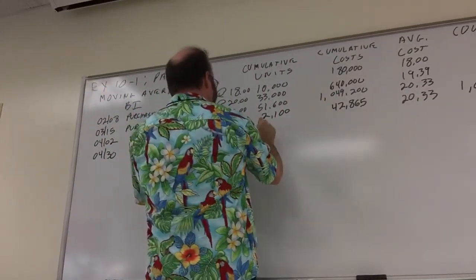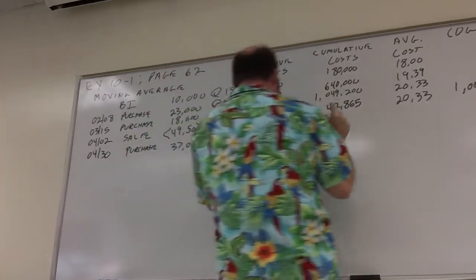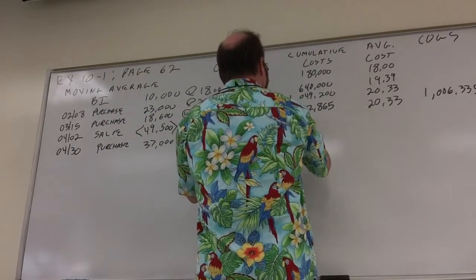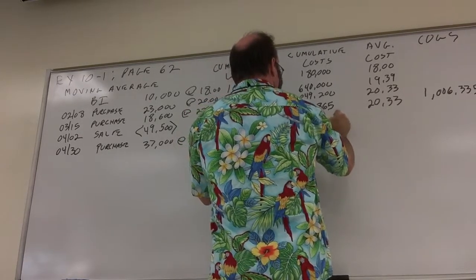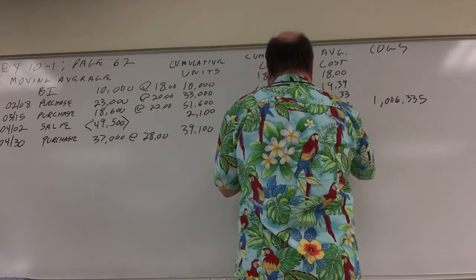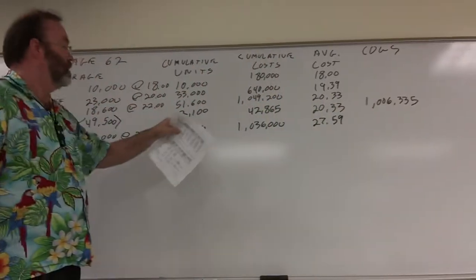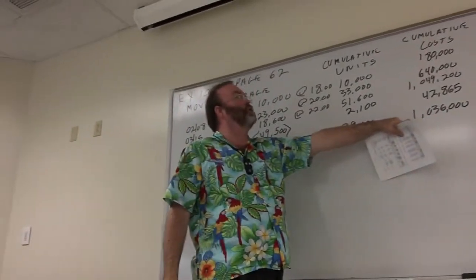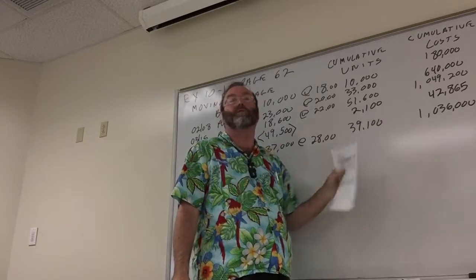Now we're up to 39,100 units at a total cumulative cost of $1,036,000, which brings us to a $27.59 average. Always dividing the total cumulative cost by the total cumulative units.